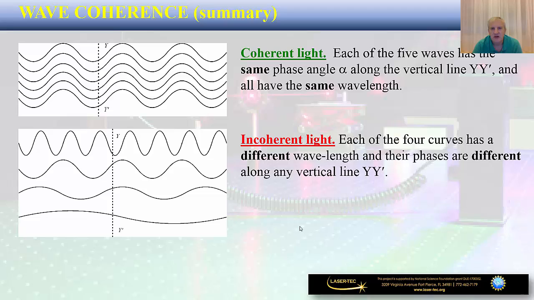As opposed to the coherent light, we may also have an incoherent light where the waves are not phase synchronized, and most of the time they also would have different wavelengths. Incoherent light in general does not have as strong an effect as the coherent light. In other words, the power of the coherent light is much higher than the power that can be achieved by the incoherent light.